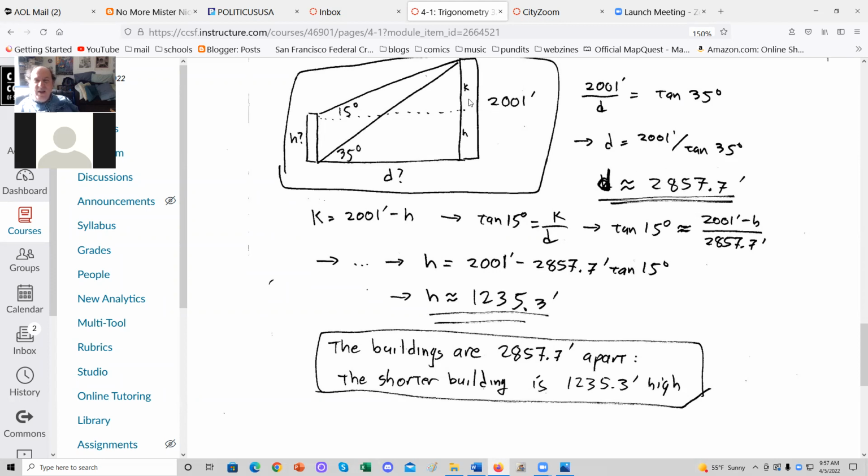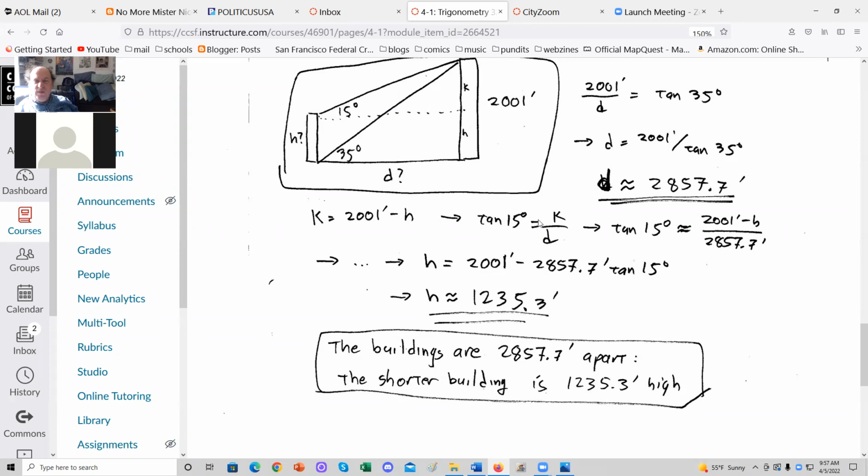All right, now this distance k, well, k plus h is 2,001 feet, so k is 2,001 feet minus h. Okay, that's k. And here we have a right triangle with sides k and d and an angle of 15 degrees.